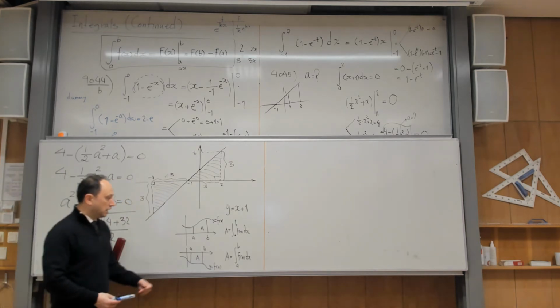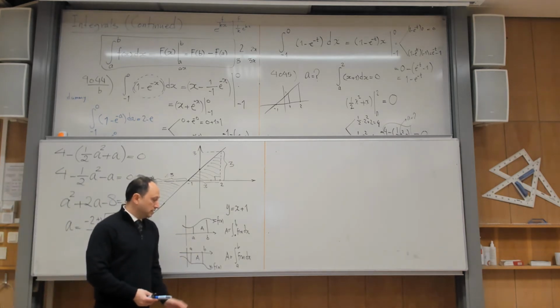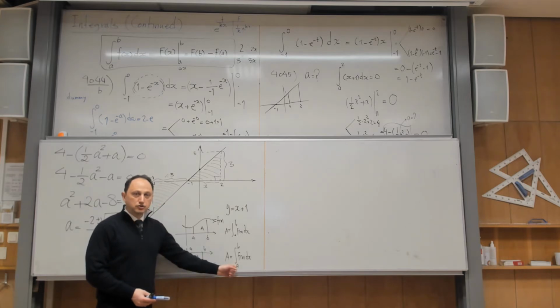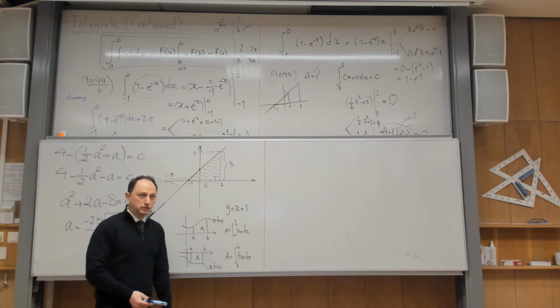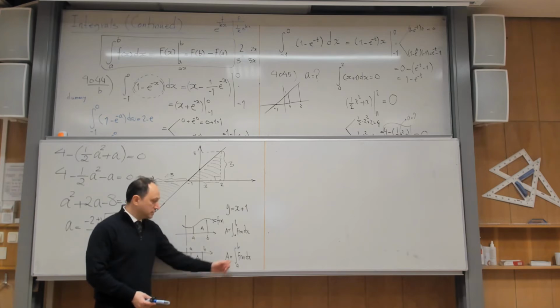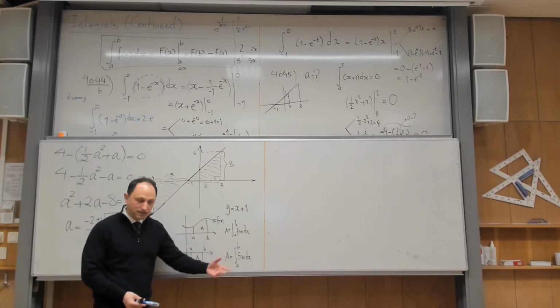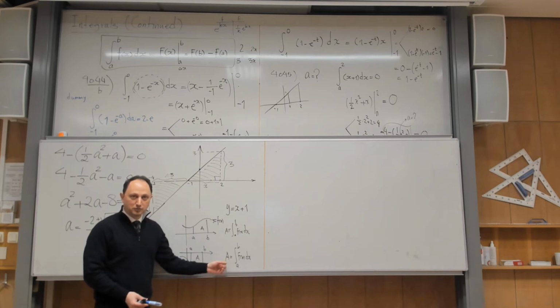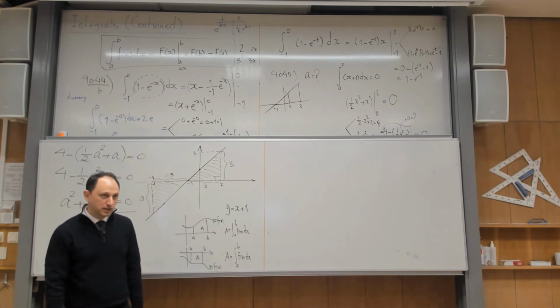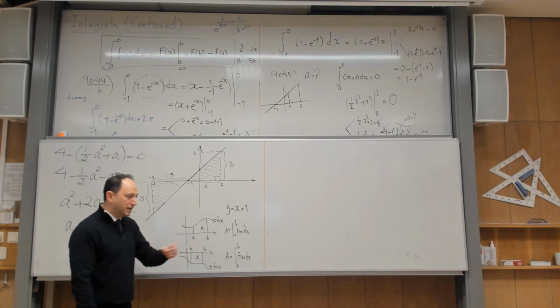Because I want you to convince me why this integral should turn out to be a negative number. And if this is a negative number, at least it is clear it cannot be area, because area should be positive.